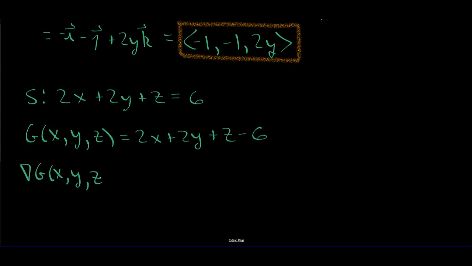Okay, now remember how we find the gradient. This is going to be 2, 2, and 1. Partial with respect to x, partial with respect to y, and partial with respect to z there. Okay. So now we've got those two things.